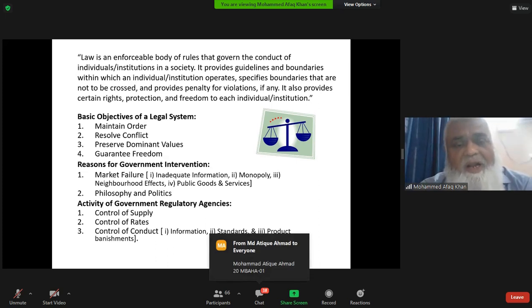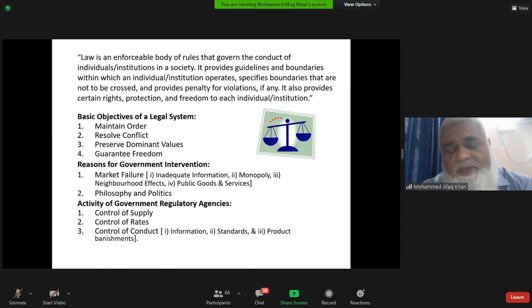So rules are ever changing. They are not static. They are dynamic, and in line with the rules that are framed from time to time, the individuals and institutions have to comply with those rules. There's a common saying that ignorance of law is no excuse.